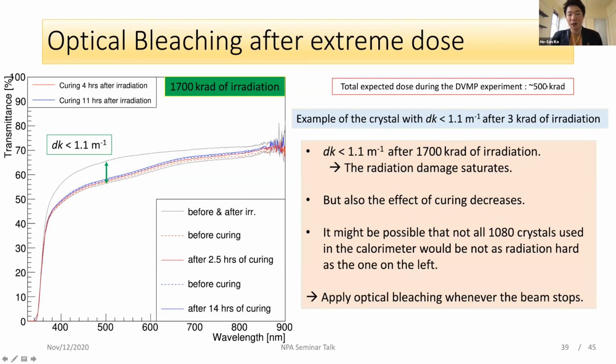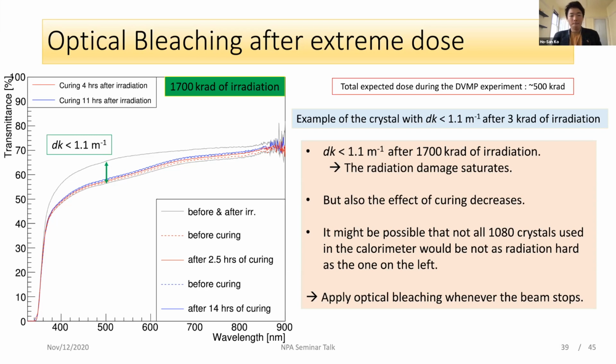When the crystals are good crystals, we saw that the radiation damage saturates, which means they don't get damaged below a certain level, a certain transmittance. But we also saw that the curing effect decreases. I won't explain the plots because there are a lot of lines, but the result is that the curing effect decreases.